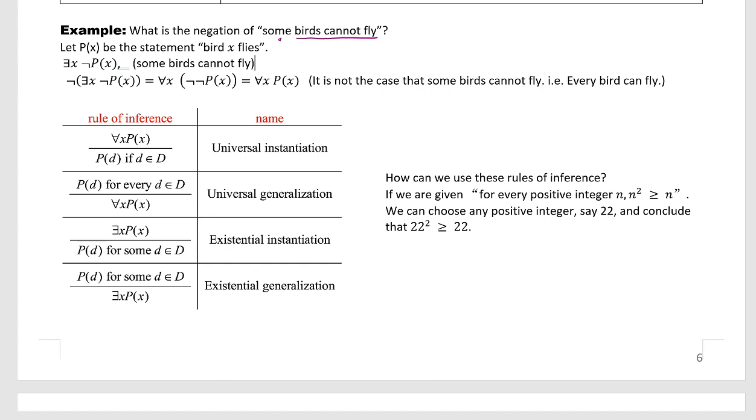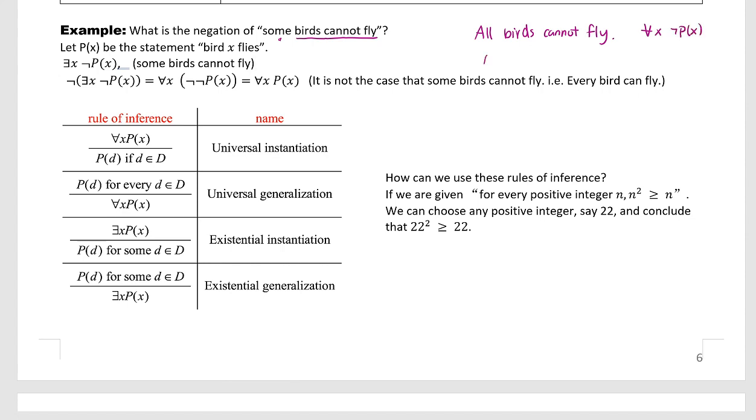Okay, we can do more. How about 'all birds cannot fly'? In this case, we have for all x, not P of x.